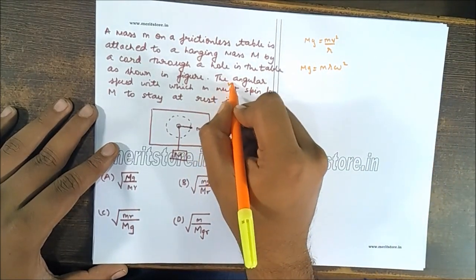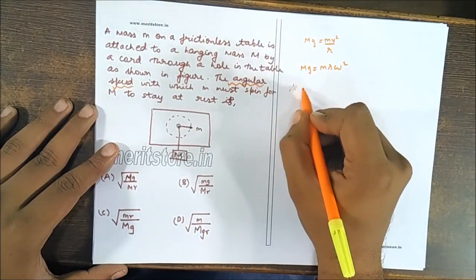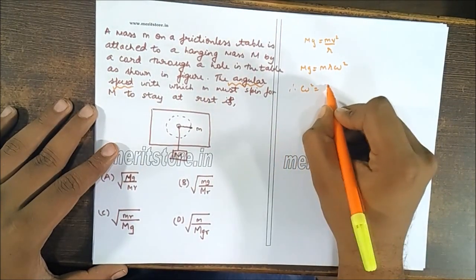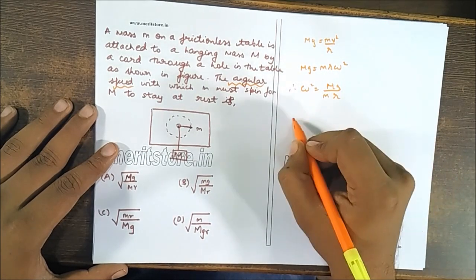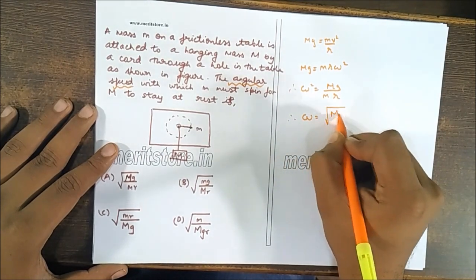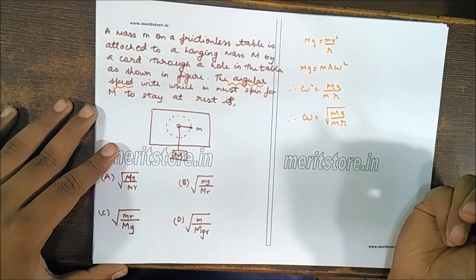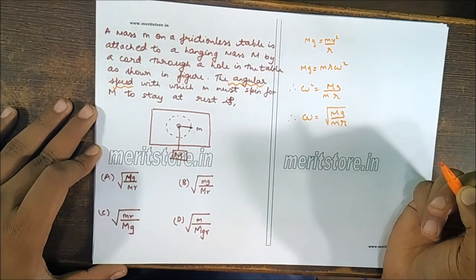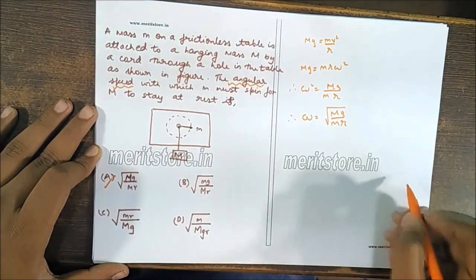Now they have required the angular speed, thus we have used this formula. So we can say omega square is equal to Mg upon m r. So now if I want omega, this becomes under root of Mg upon m r. So Mg upon m r under root, option A.